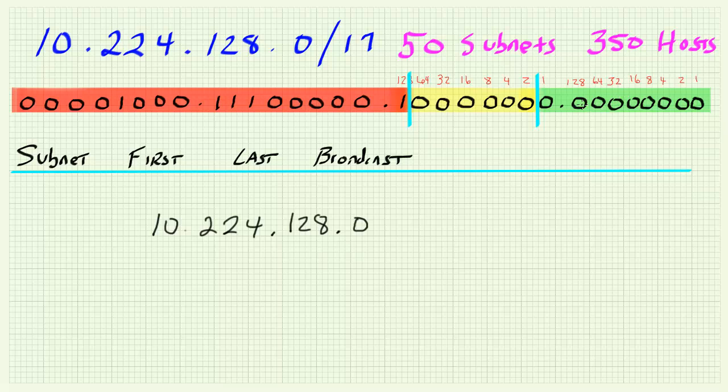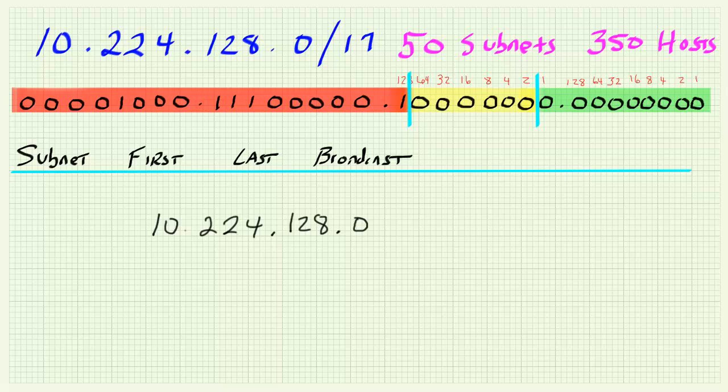Well, remember that all of these bits that are in green are host bits, so they don't have anything to do with calculating what the next subnet is going to be, because to calculate the next subnet, we force all of these to 0. So what is the least significant subnet bit that we can increment to get the next subnet? Well, that's going to be this bit right here, which happens to be in the 2 position.